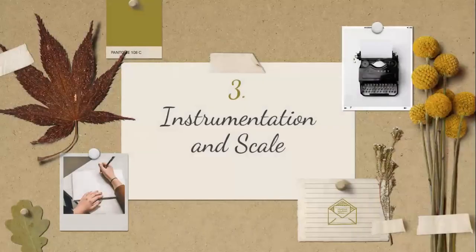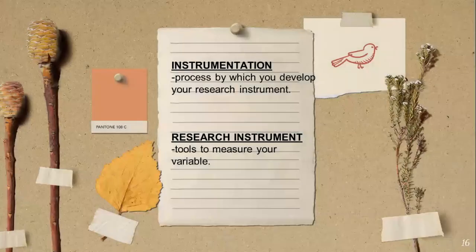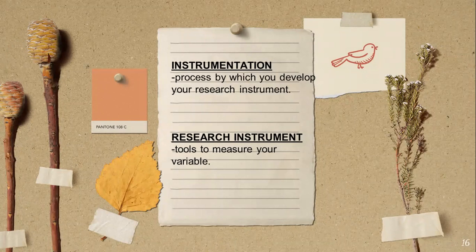Let's proceed to the third one, which is the instrumentation and scale. Instrumentation is a process by which you develop your research instrument. And the research instrument, okay, if musical instruments are used to make music, research instruments are tools used to measure your variable.